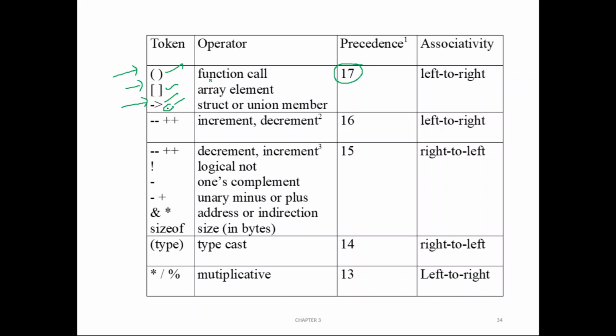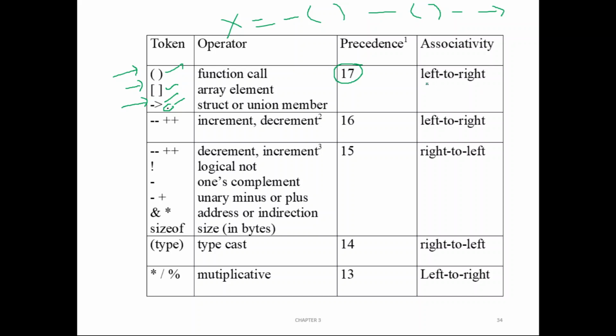If the expression contains more than one such operator, say there is an expression x is equal to something, but there is one bracket here, another bracket here, and another arrow operator here, then the question is which should be executed first.